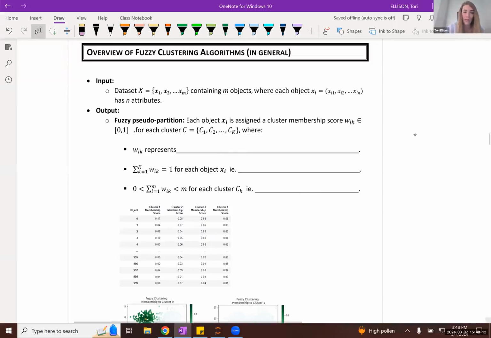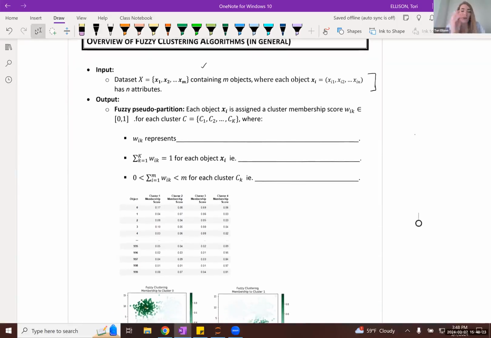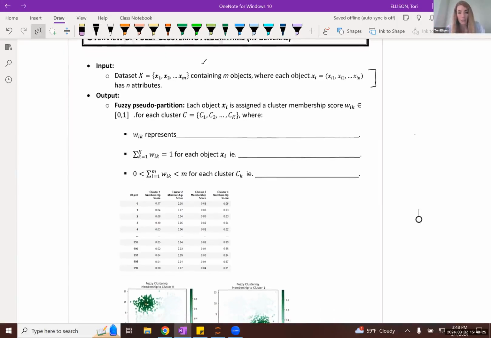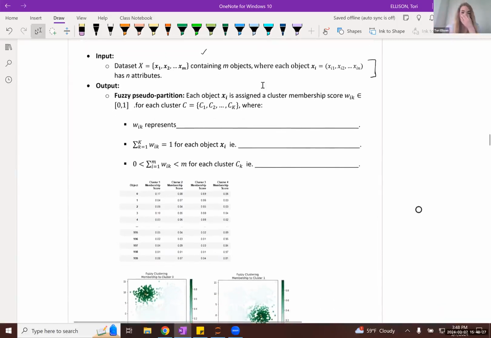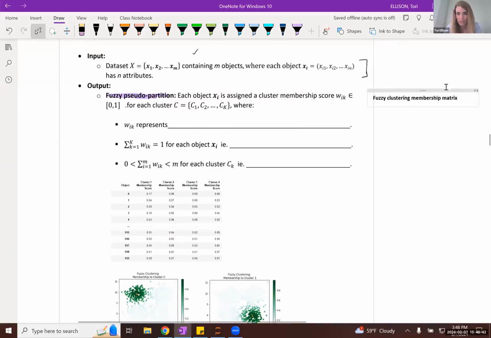Usually your input is, at the very least, your m-dimensional data set with n attributes. And then rather than receiving a partition-based clustering of your data set, what you end up getting is what we call a fuzzy pseudo partition, also known as a fuzzy clustering membership matrix.